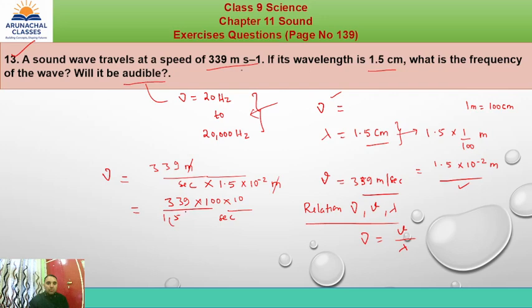Now we need to solve this one. 3 5s are 15, 3 1s are 3, 3 1s are 3, and 3 3s are 9.